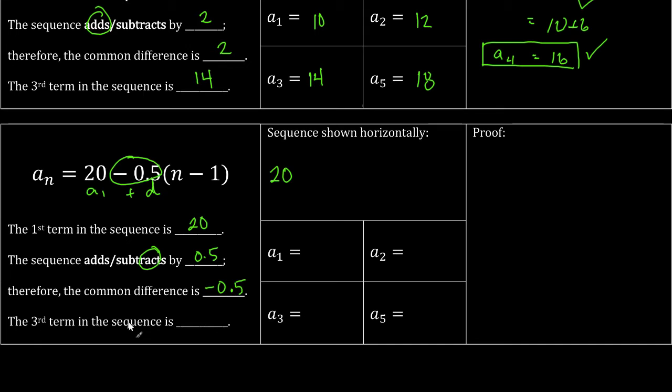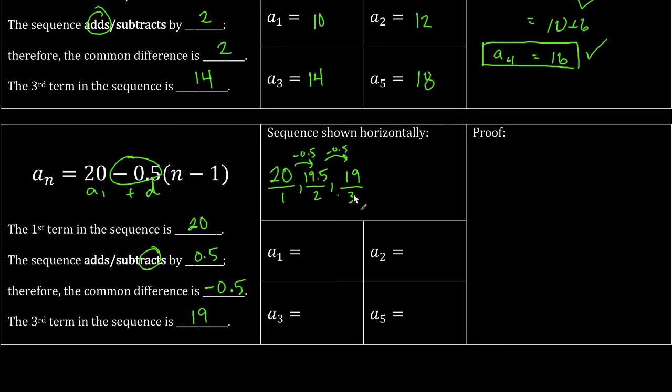Now it wants us to go to the third term. This is our first term. Remember that we are subtracting 5/10, so we get to 19 and 5/10. We subtract again for our third term, which is 19.